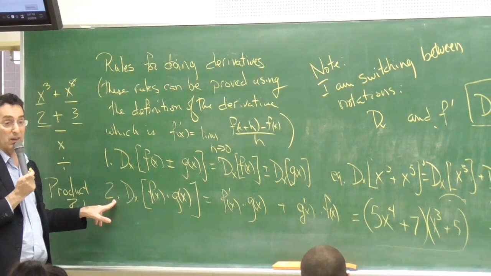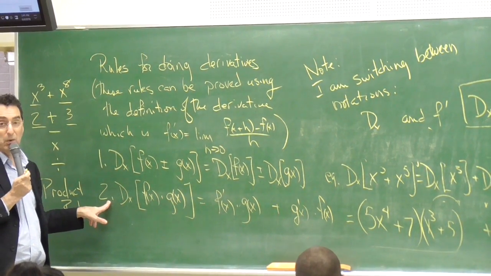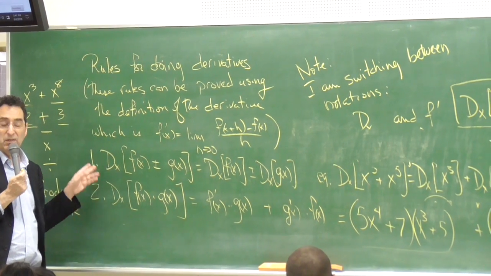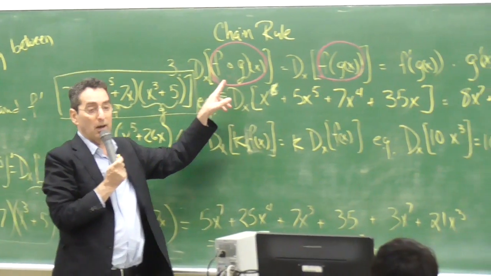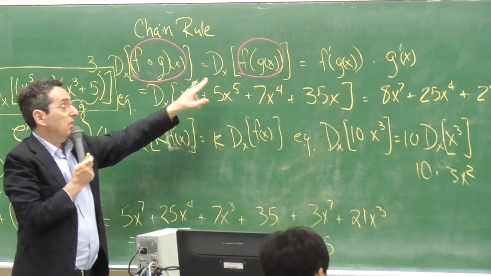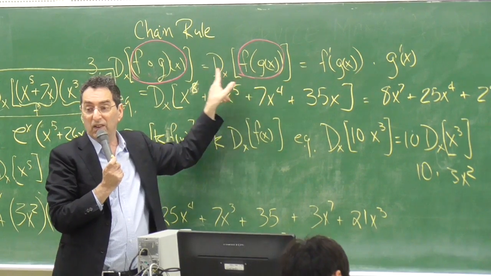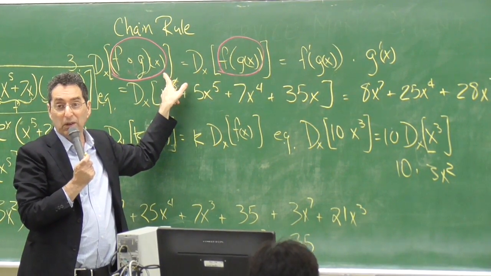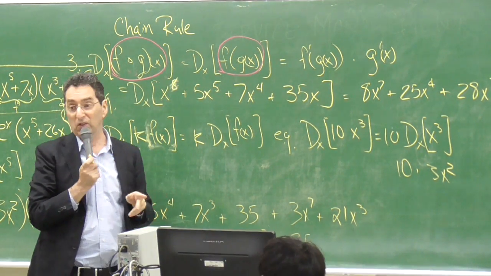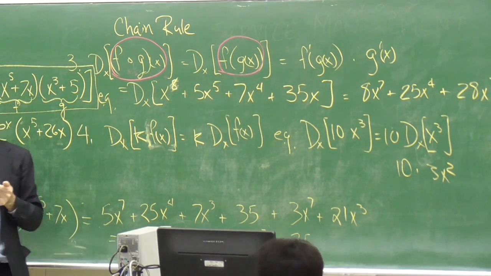This one is called the product rule. The other one is called the quotient rule. They're all referencing their operation, but we don't usually call this one the composition rule. Remember, this is called function composition, but it's usually referred to as the chain rule. We'll see why.